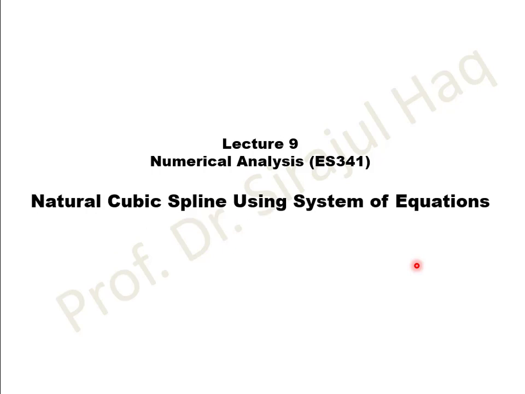This lecture is related to natural cubic splines using a system of equations. In the previous lecture, I talked about the basic definition of cubic splines, and we considered an example. In that case, the system was obtained using the conditions of the basic definition.